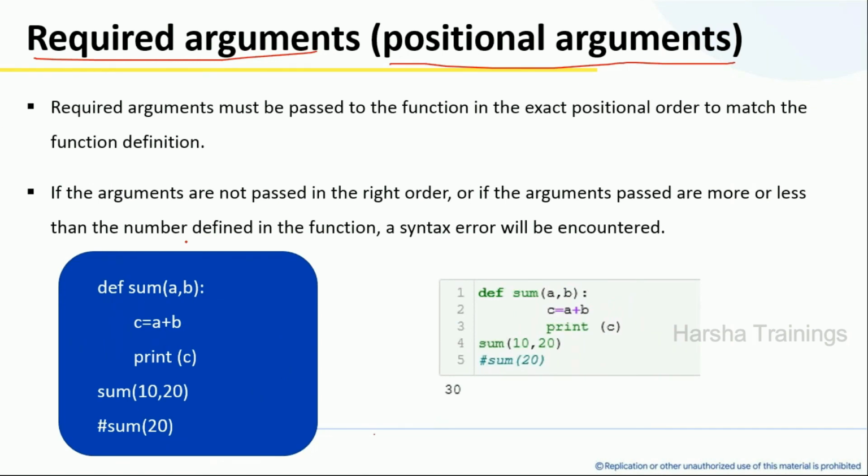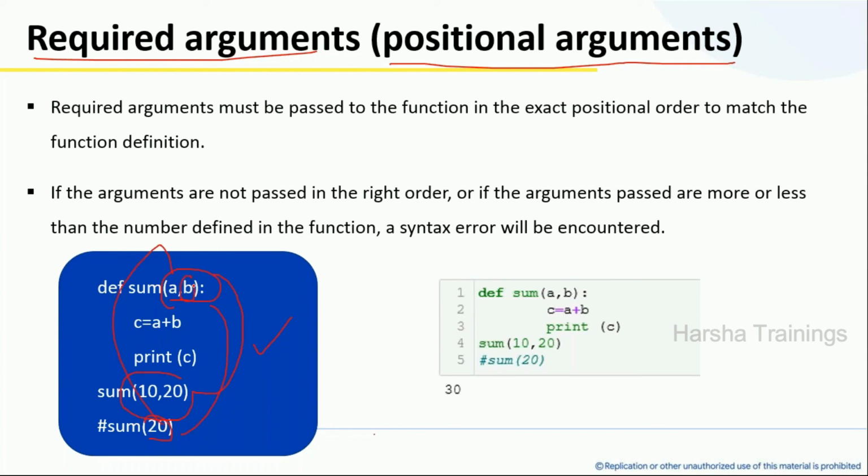Look here. I have 2 formal arguments, A comma B, and here I have 2 actual arguments. These 2 are matching, so the program will work. For example, if I call with 1 argument, but my function definition has 2 arguments, these 2 are not matching. There should be one-to-one correspondence. This 20 will go only for A. What is the value for B?